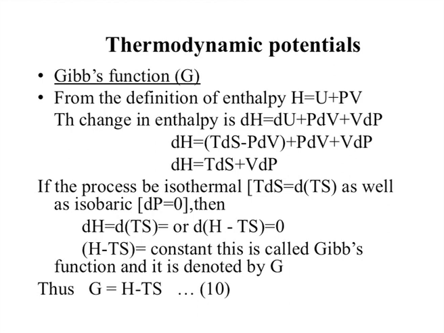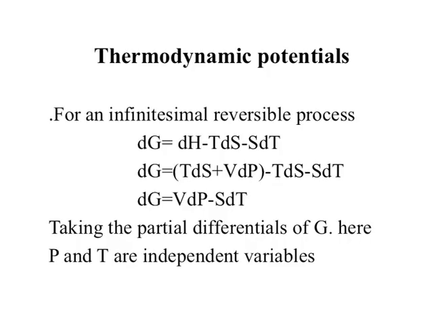This H minus TS equal to constant is known as the Gibbs function, and it is denoted with G. So we have G is equal to H minus TS. For an infinitesimal reversible process, we can write the change in the Gibbs function, dG is equal to dH minus TdS minus SdT.